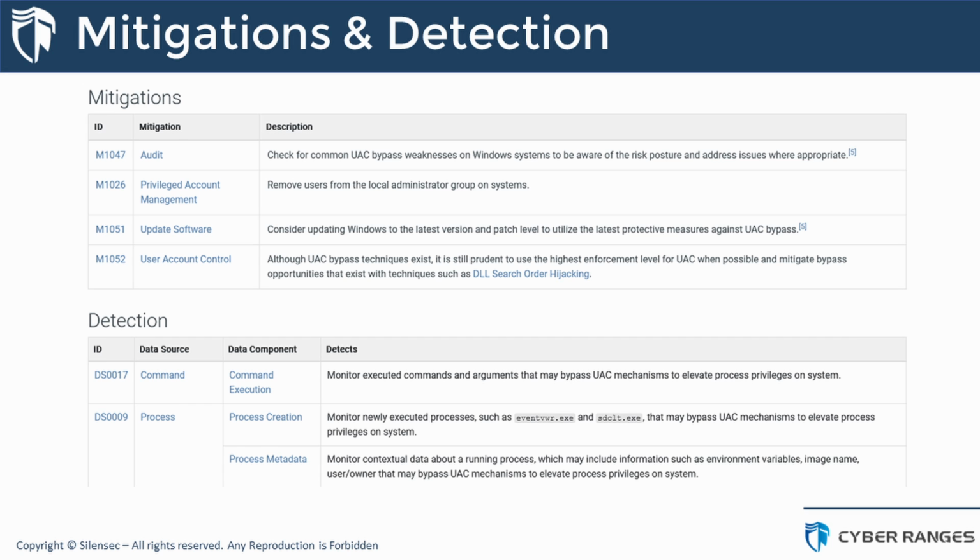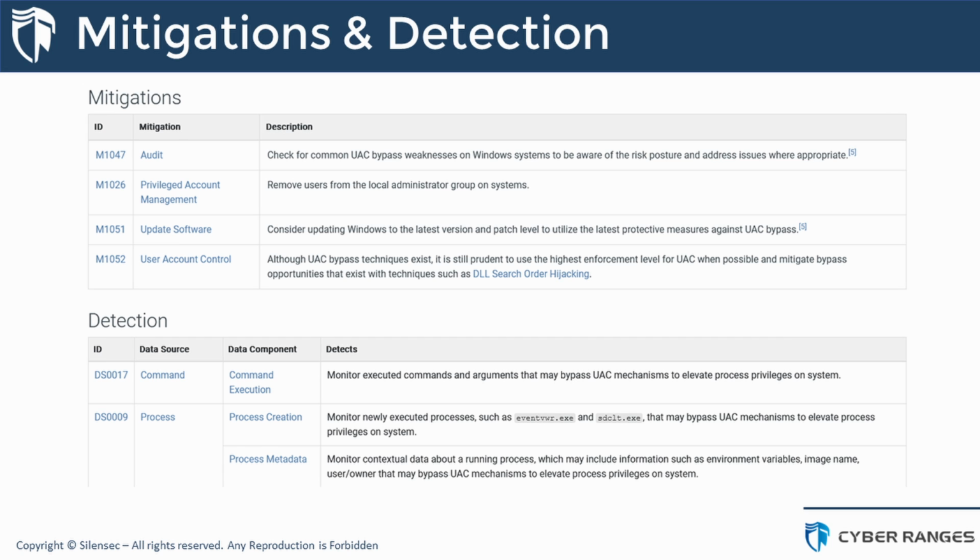And then very important for detection, this highlights how this particular technique or sub-technique can be detected. And it highlights that in a very good way, because it starts off with the data source. So where you should be looking for data. In this case, you can see this is a command. And then the data component highlights the type of data, so what type of data you should be looking for.